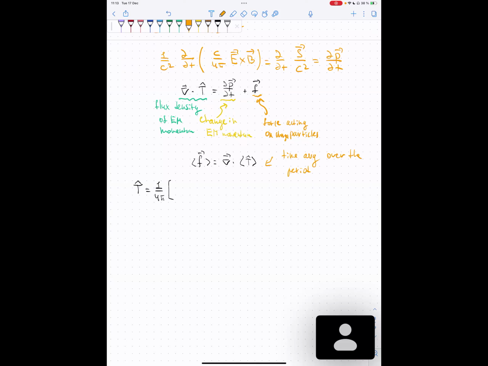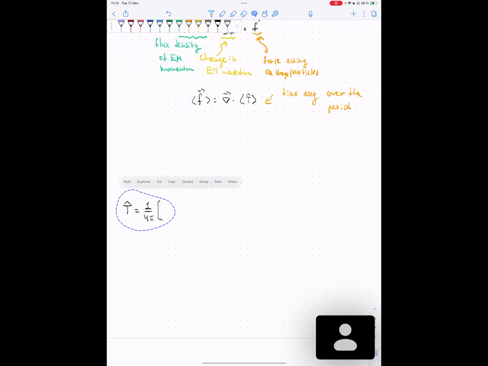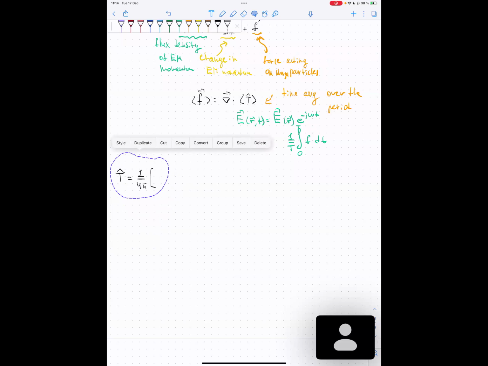We consider, let me write it, for example, the electric field E of r and t equals E of r times exponent of minus i omega t, and we take the average over the period. Well, it's basically as usual.